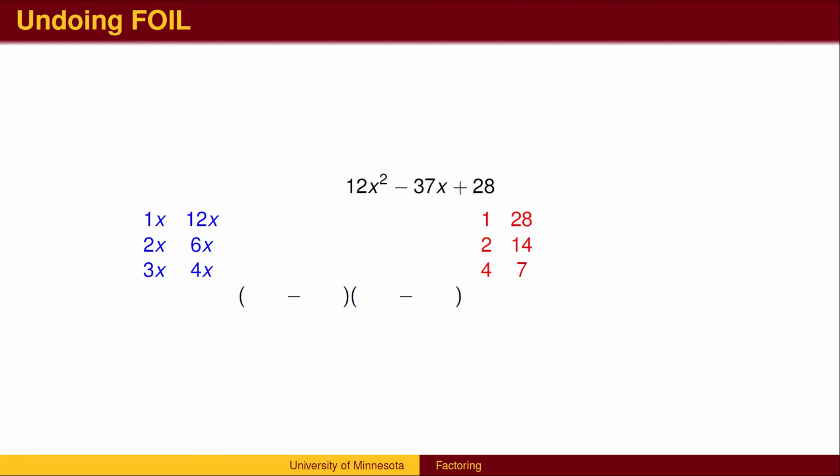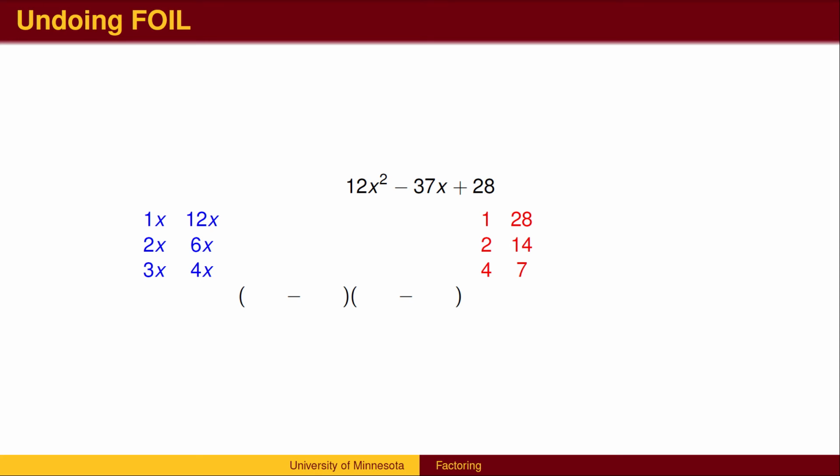In this problem, we have a complete list of all possible ways to factor 12x squared and all possible ways to factor 28. But how do we mix and match the correct factors? We can eliminate some possibilities. The original expression has no common factors. Therefore, the smaller factors also cannot have common factors.